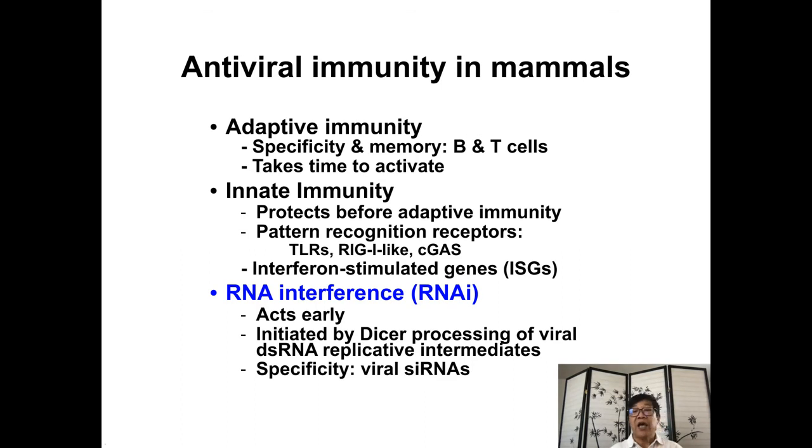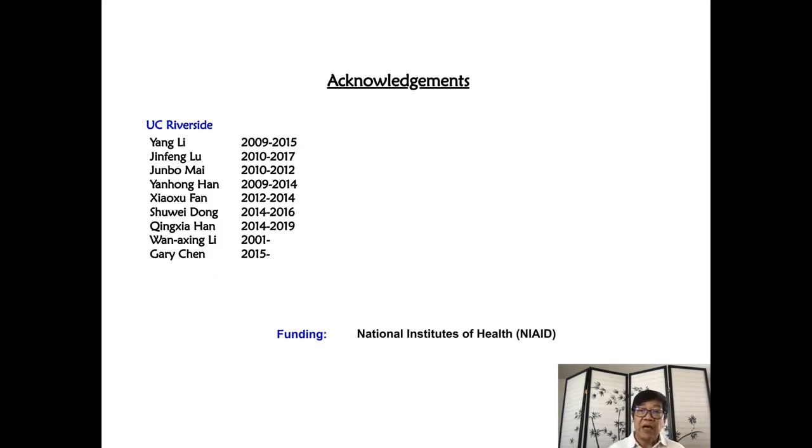However, it has a specificity mechanism, and this mechanism is different from the adaptive immunity because the specificity is programmed by viral siRNA.